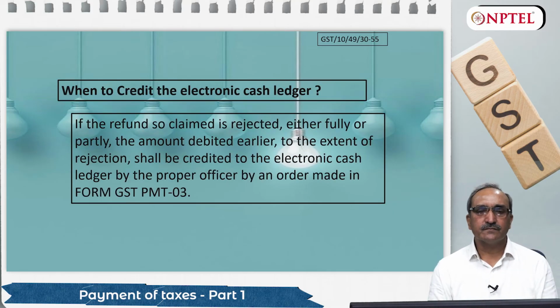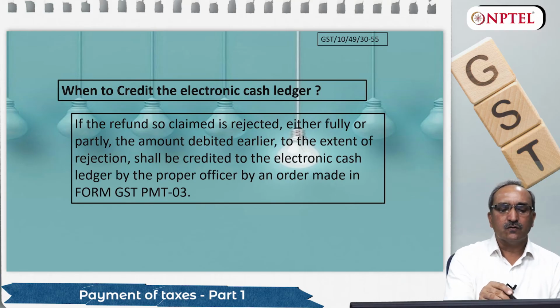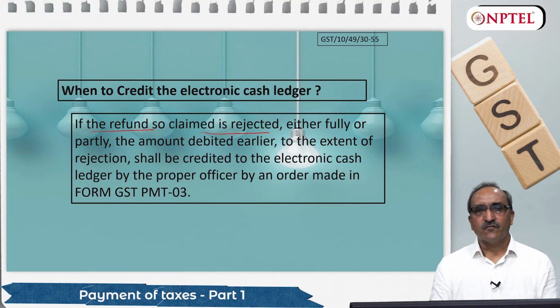So friends, like the electronic credit ledger, we also have a credit in the cash ledger. When we have a credit balance in the cash ledger, only then can we pay taxes. At what point of time will our electronic cash ledger be credited? Different reasons are there. One reason is that I have deposited a challan, so this ledger is credited.